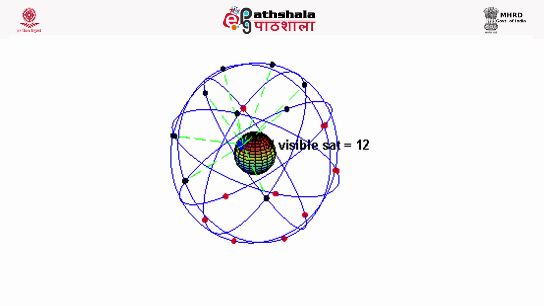For example, if we have to find out location at the green dot, we have to visualize minimum 3 satellites that are visible in the sky. For each satellite, let us say the first one as the A satellite, its position can be determined by the red circle that is shown around a single satellite.